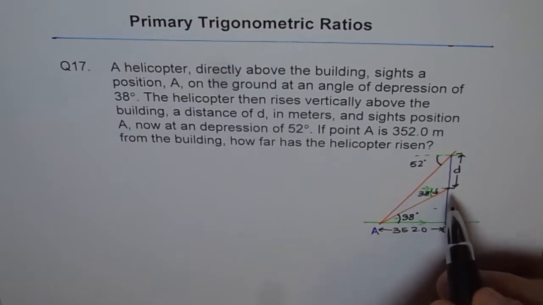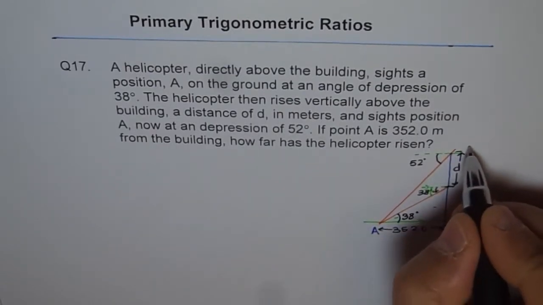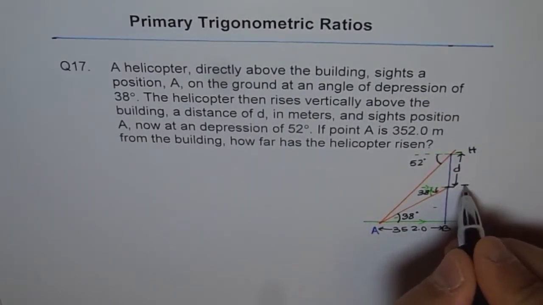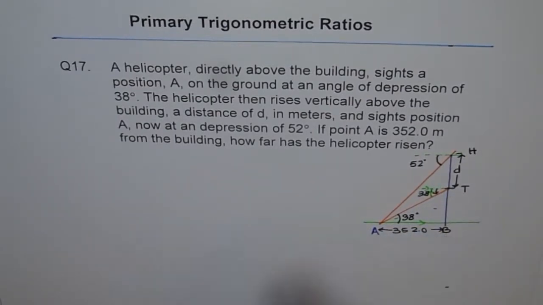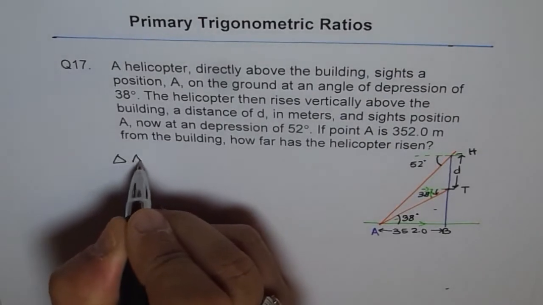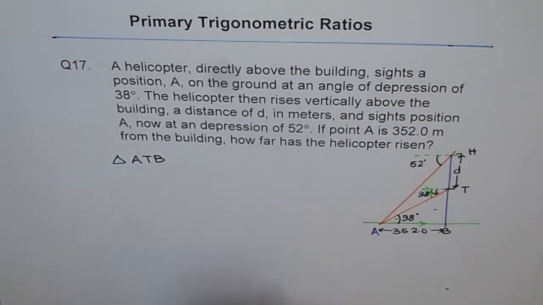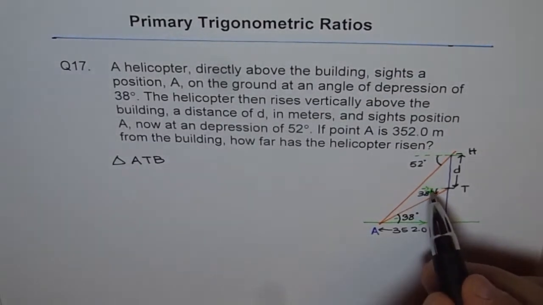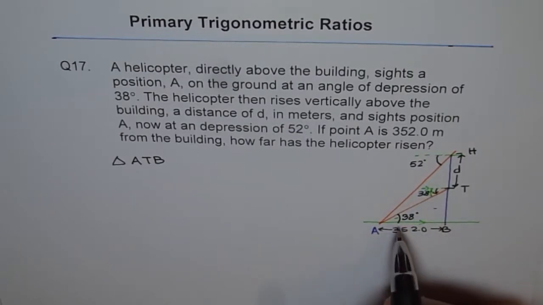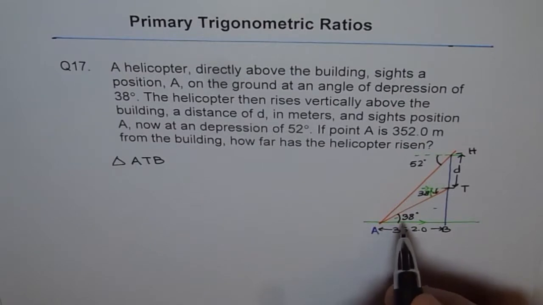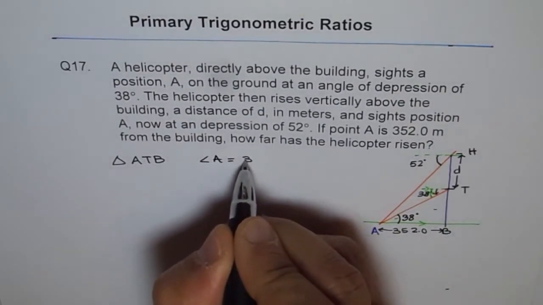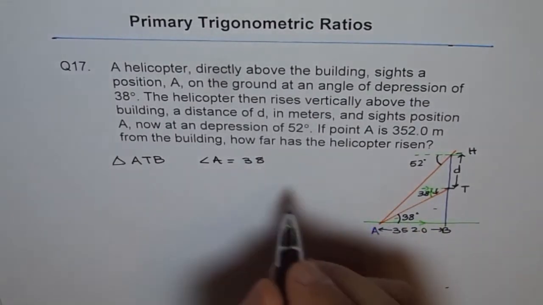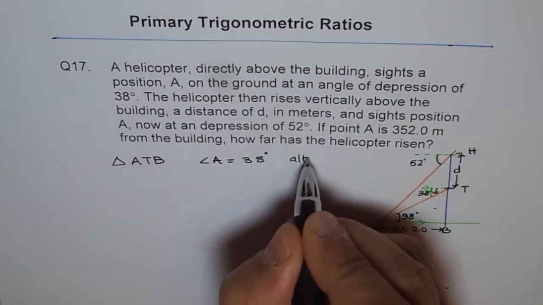Now let's analyze the triangle ATB. Here the angle of depression 38 is also equal to this angle A, because they're alternate angles. So angle A equals 38 degrees.